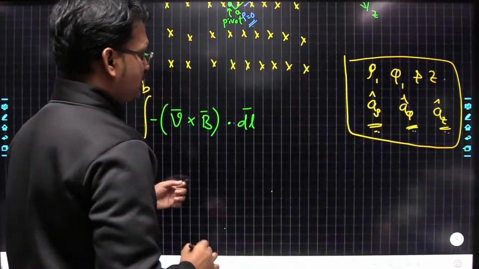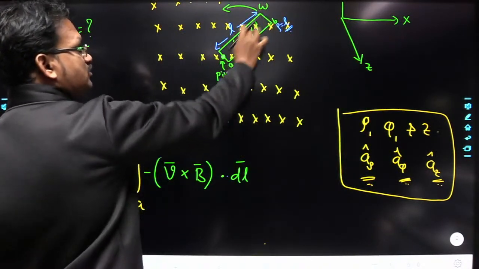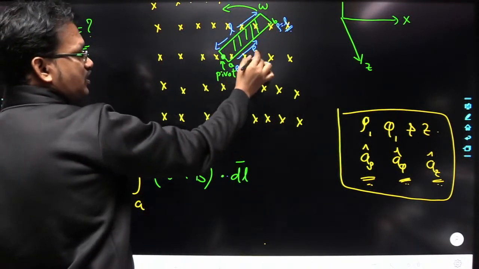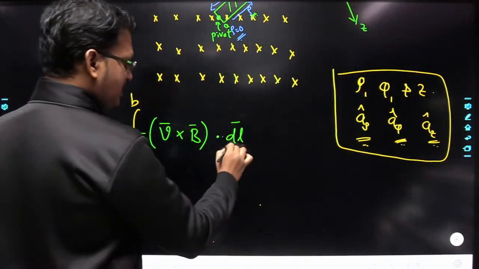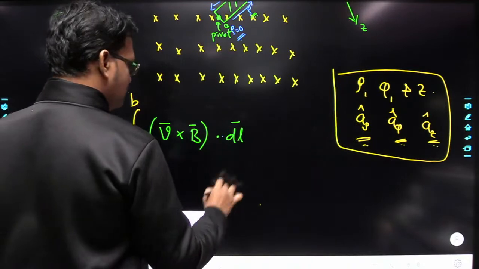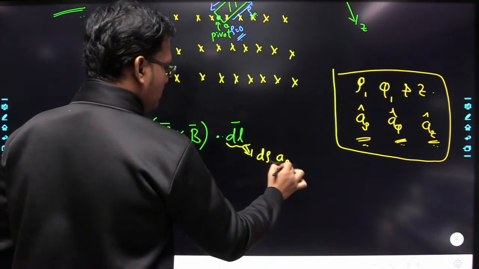Here dL bar will be along the length of the conductor. Along the length of the conductor, the variable we have considered is rho. So you have to replace dL bar with d rho a rho cap.